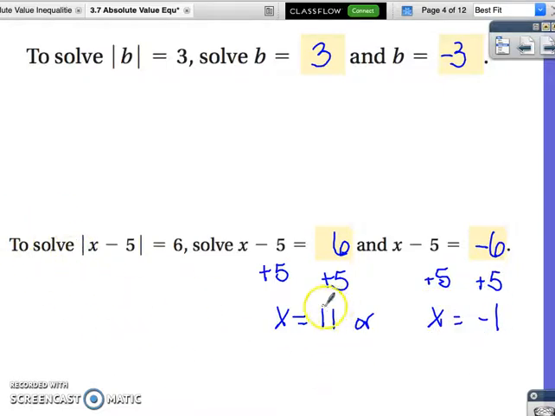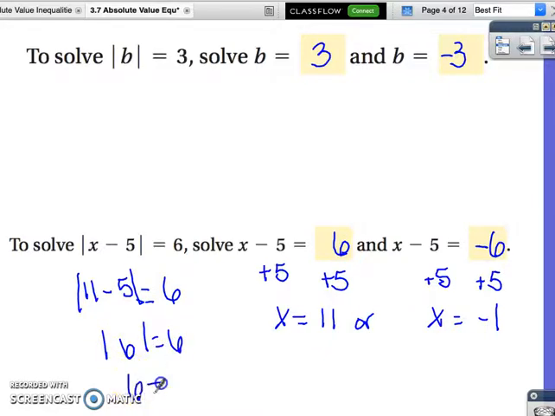Now, if I put 11 back in here, 11 minus 5, the absolute value is equal to 6. The absolute value of 6 is 6, so 6 equals 6. That is true. Now let's put the other one back in here. I'm replacing the x with -1, so -1 minus 5 is equal to 6.